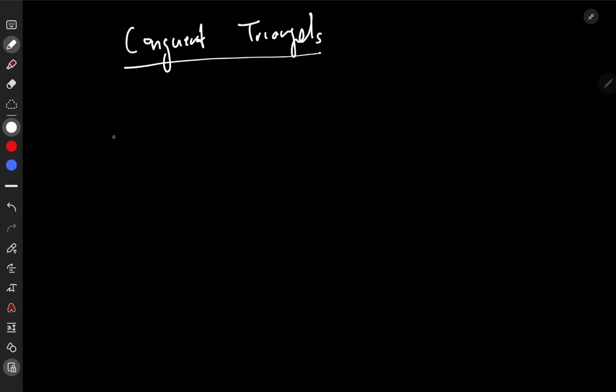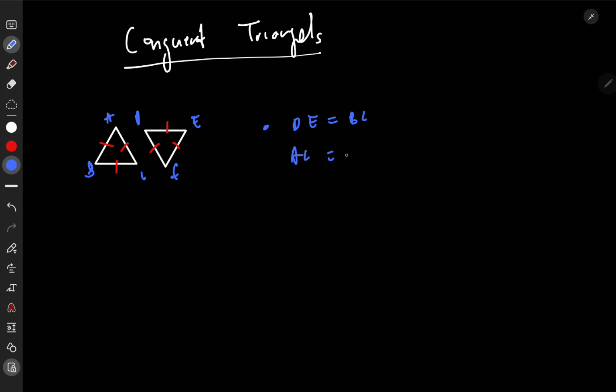For instance, if I give you two triangles and you're supposed to prove that they are congruent, you name them A, B, C, D, E, F. Then I can say side DE is equal to side BC, and AC, which is also given, should equal DF. For congruence, you need at least 3 reasons to say things are exactly the same.